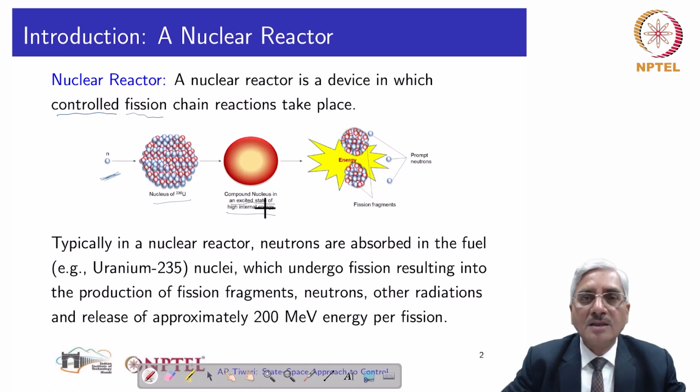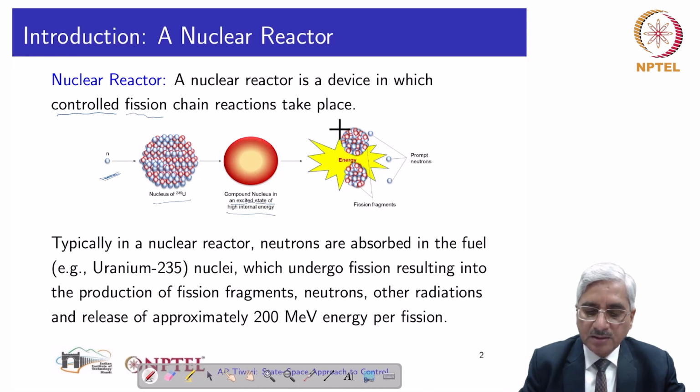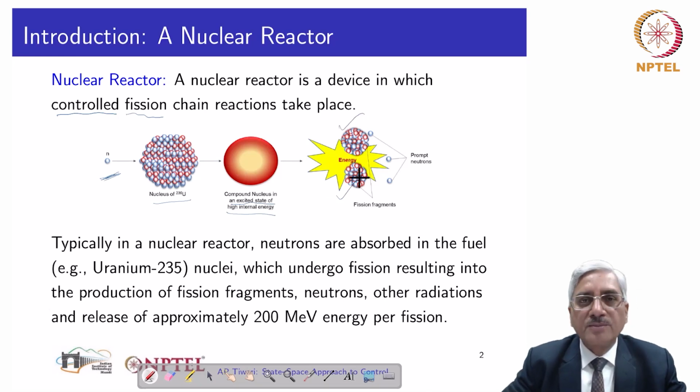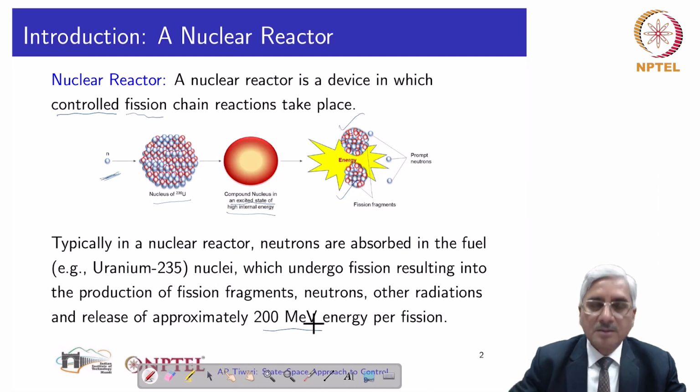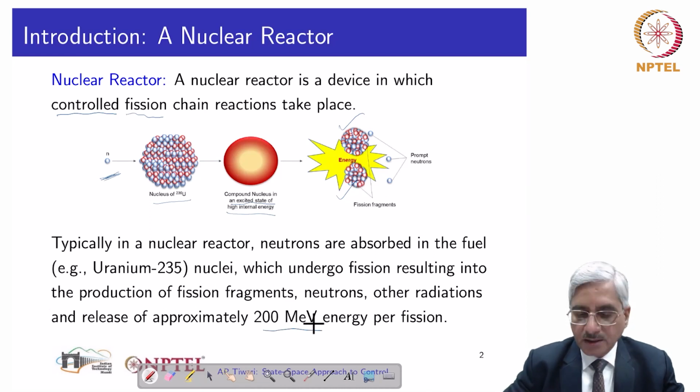It has very high internal energy and thereby it breaks into two fragments, so-called fission fragments, and simultaneously it releases about 200 million electron volts of energy and more than two neutrons, sometimes 2 neutrons, sometimes 3 neutrons.